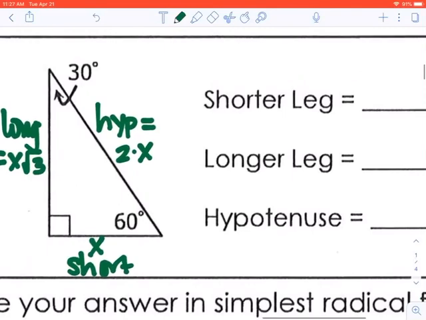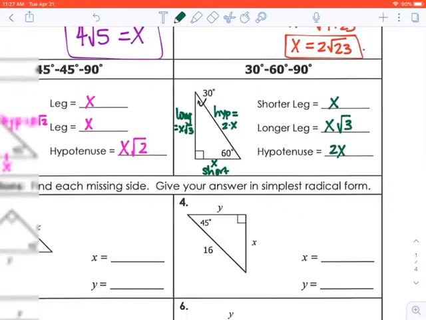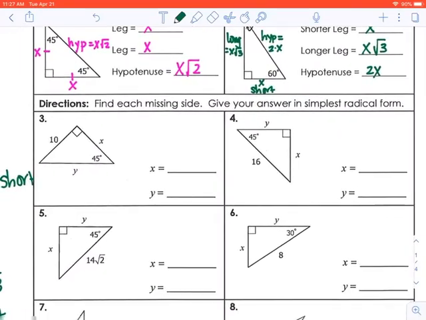So my short leg I'm calling x, my longer leg is x rad 3, and my hypotenuse will be 2x. And based on all of this, we can find missing pieces of either a 45, 45, 90 or a 30, 60, 90 triangle. So let's do a few examples here.